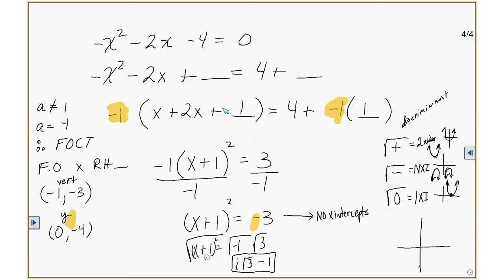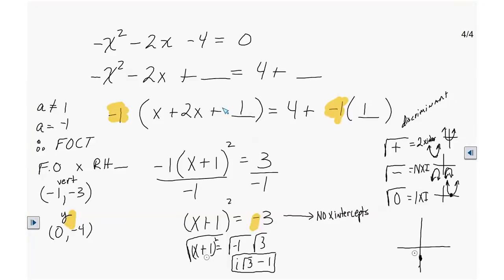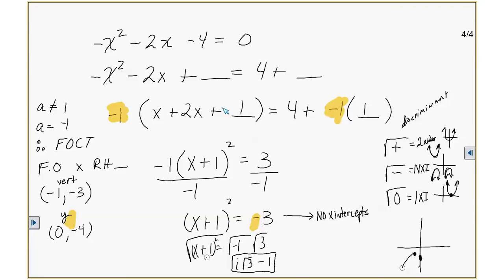My y-intercept is (0, -4). My vertex is (-1, -3). And which way is it opening? So it's a floater. That means it's opening downward. How did you determine to graph that, just roughly?